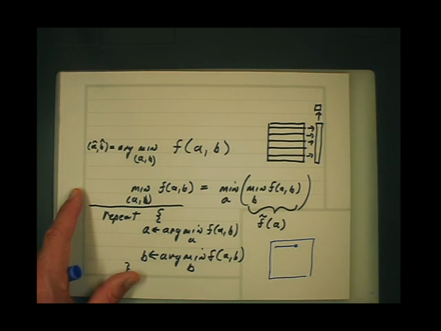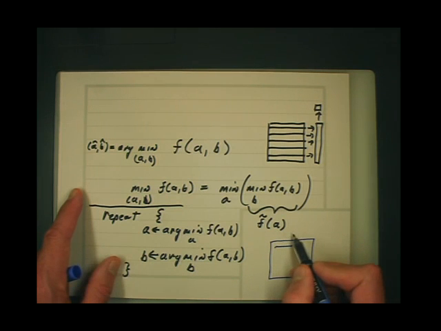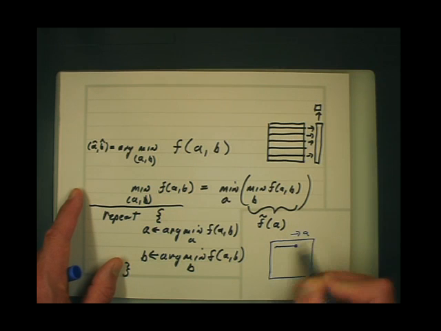This axis here is the A axis, and this is the B axis. So you travel until you got the minimum along one axis, then you minimize B until you found the minimum, and then you minimize A until you found the minimum.